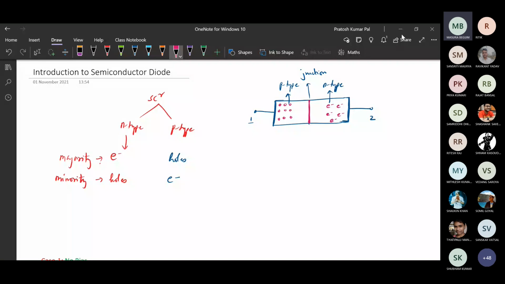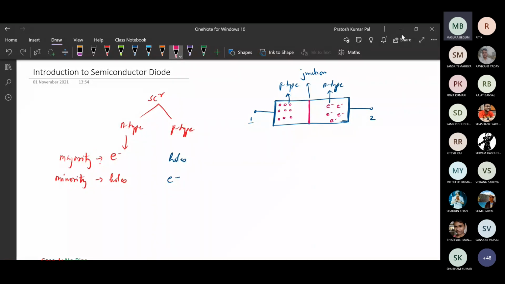A hole is an empty space, which is considered to be positively charged. So electrons will be combining with the positive charge, or holes will be combining with the negatively charged electrons.